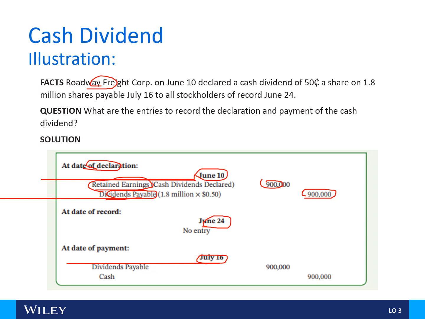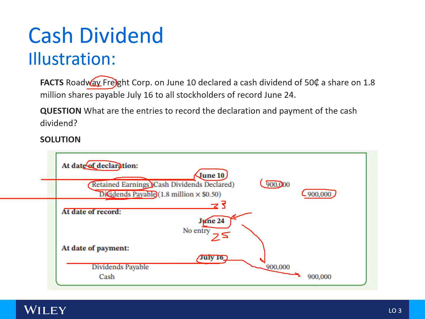What does that mean, though? That if on June 10th I don't own any shares, and on June 23rd I buy shares of Roadway Freight Corporation, and then on June 25th I sell those shares, that means I did own them as of June 24th. I'm going to be a shareholder of record as of June 24th, which means that even though I do not own the shares on July 16th, I'm going to receive cash.